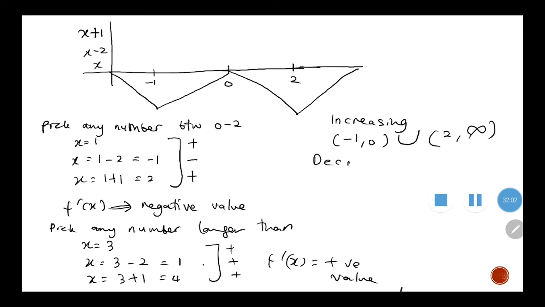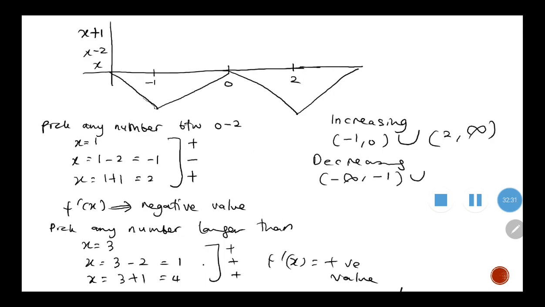And decreasing is from minus infinity to -1.